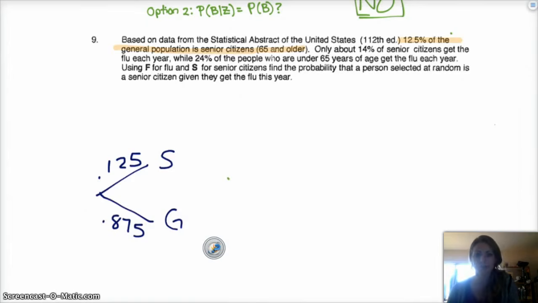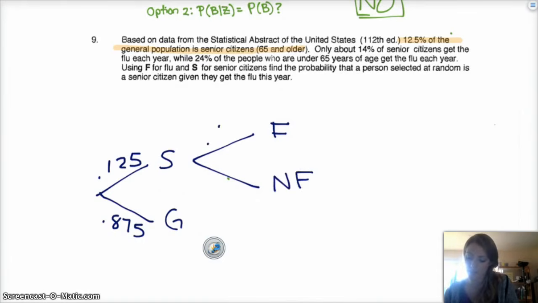And then it says only about 14% of senior citizens get the flu each year. So I'm going to do a flu and no flu. 14% of the senior citizens get flu, which means that 86% do not get the flu.